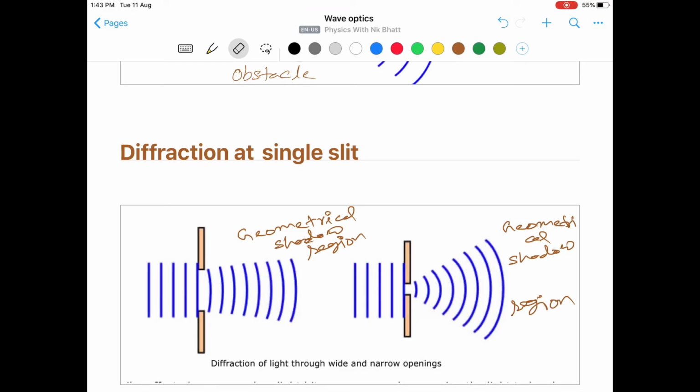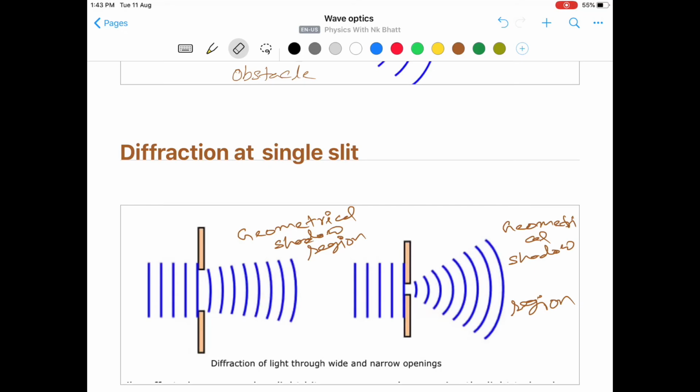The region behind this slit is known as the geometrical shadow region, in which the light is entering. Here also you should keep in mind that the size of the slit, that is the width of the slit, should be comparable to the wavelength of the light. Then only this bending will take place, or we can say diffraction will take place.